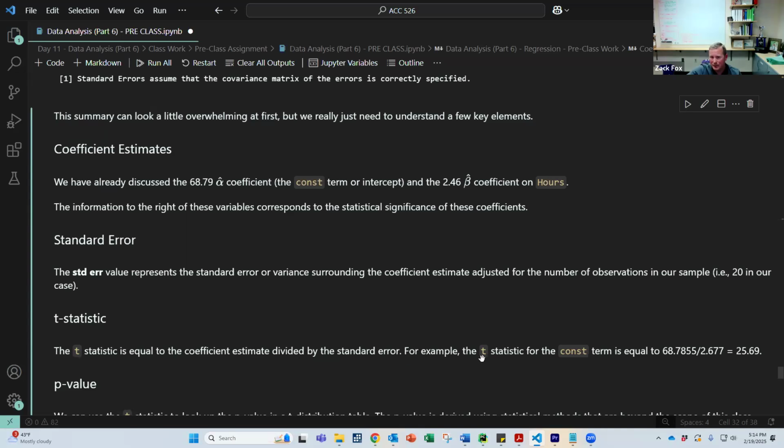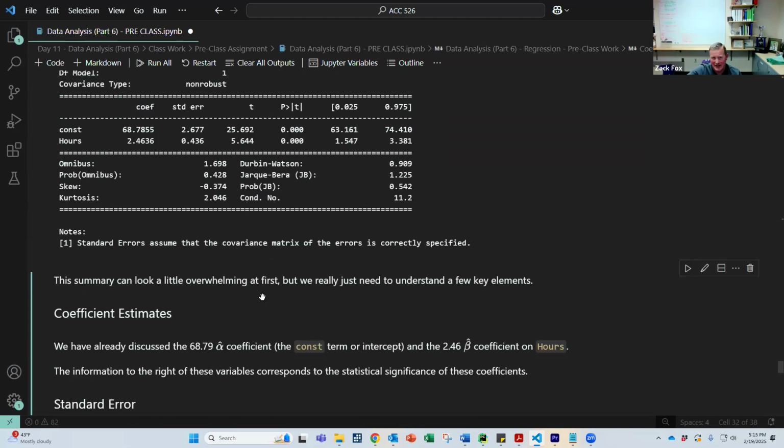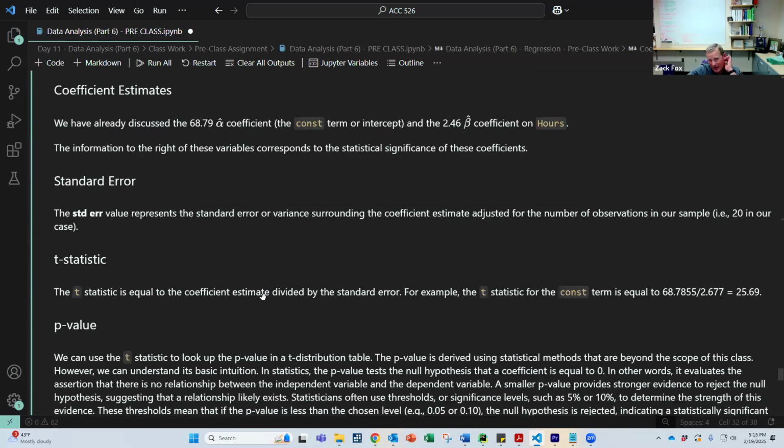For example, the t-statistic for the constant term is equal to 68.7855 divided by 2.677, which equals 25.69. That's our t-stat. The t-stat is what we use to determine the p-value in a t-table distribution.